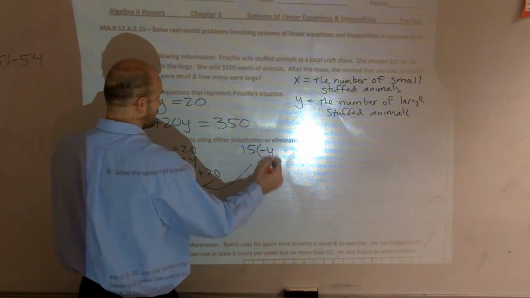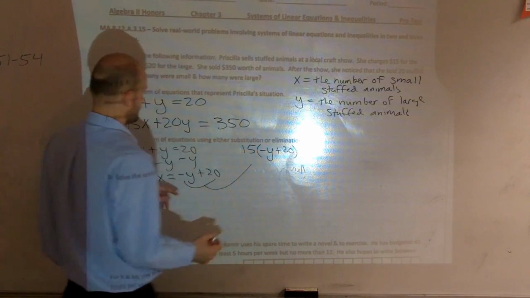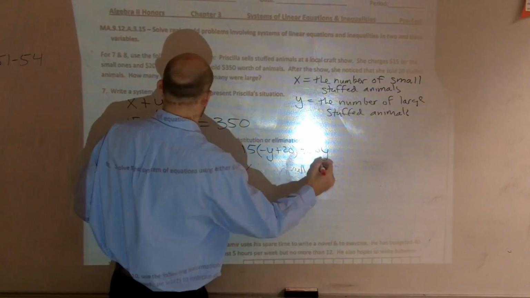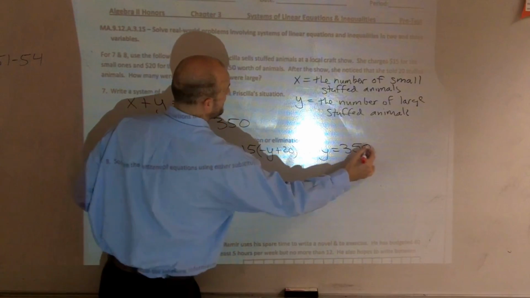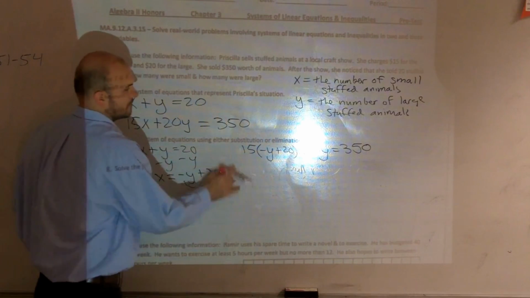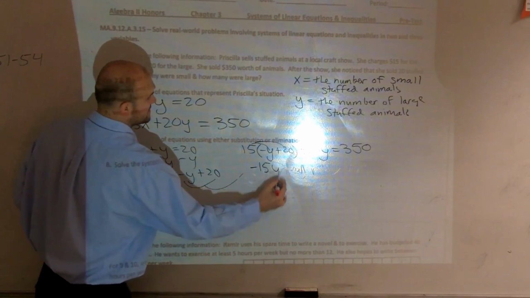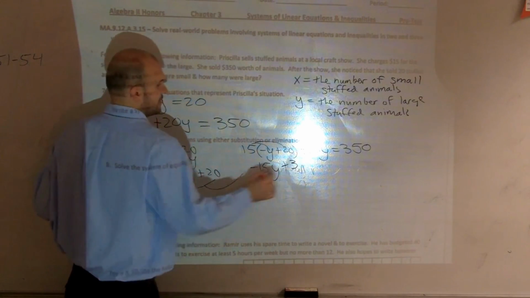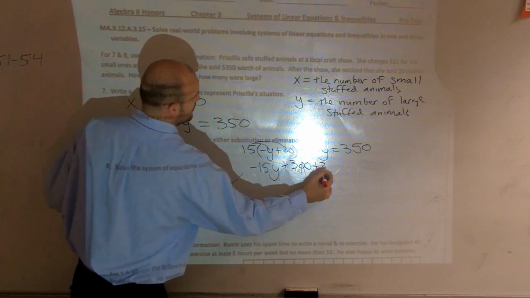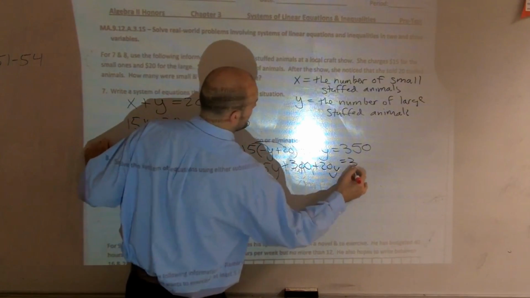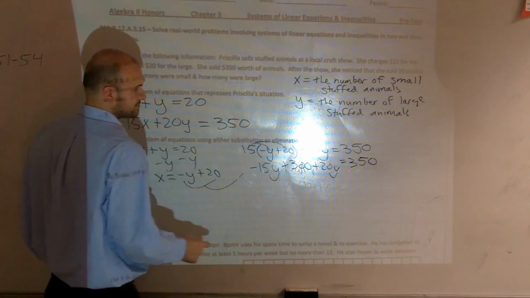So I have 15 times negative y plus 20, plus 20y equals 350. Distributive property: negative 15y plus 300 plus 20y equals 350.